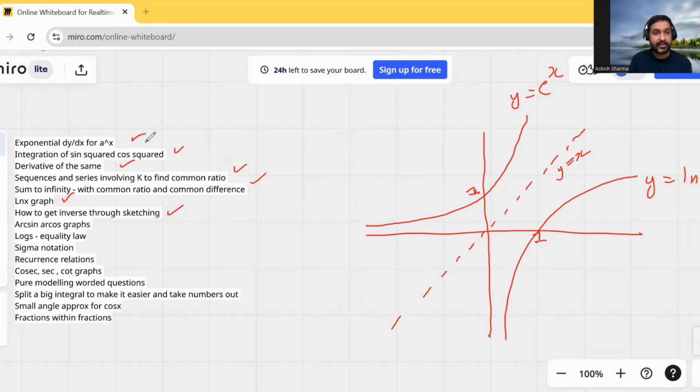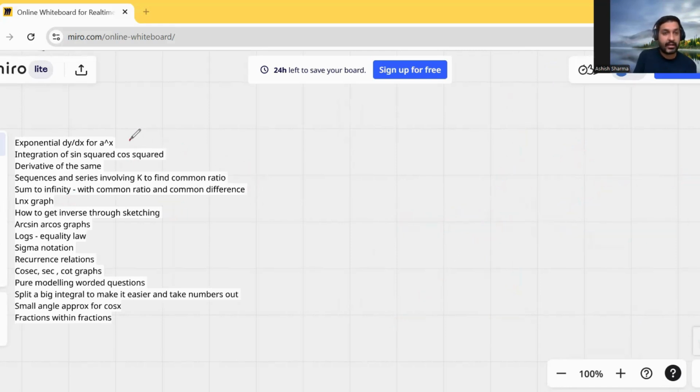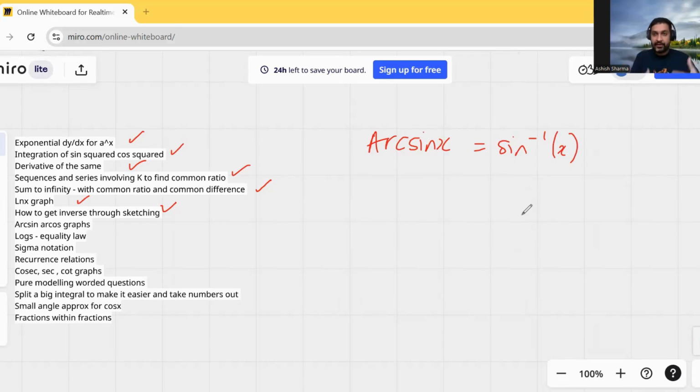Other types of graphs that are important are the arc cos and the arc sine graphs. Now, I'm going to go through this really, really slowly here. Okay. So let me just start off with the arc sine graph. Arc sine is basically the inverse sine. So it's the inverse function of the sine graph. Now, the sine graph does not have a one-to-one mapping.